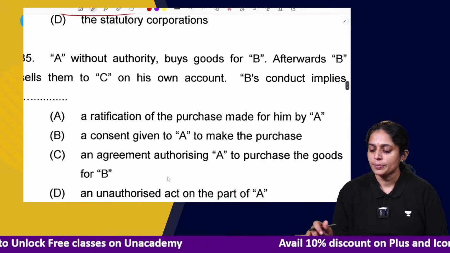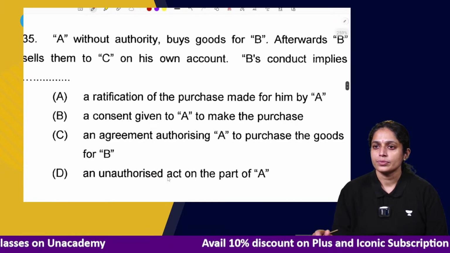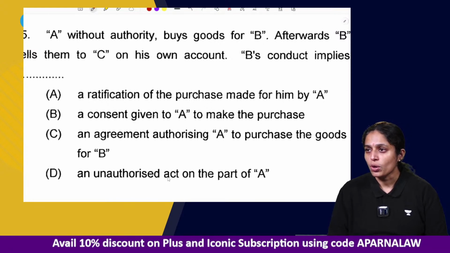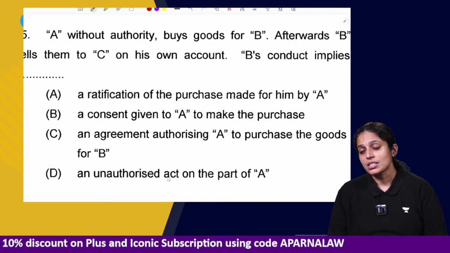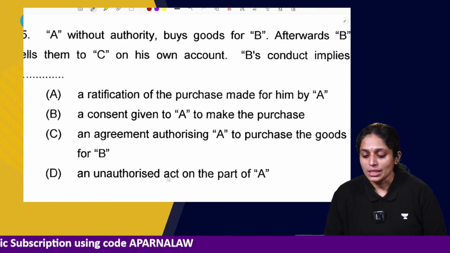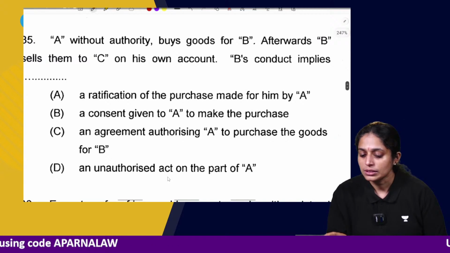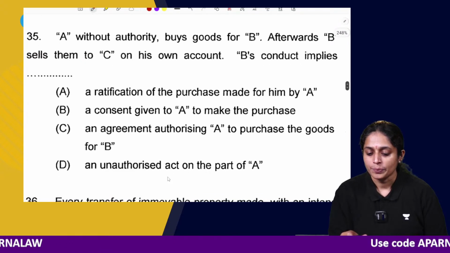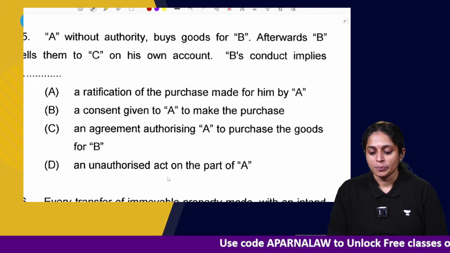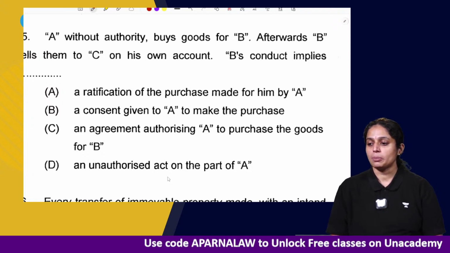Then 35th. A without authority buys goods from B. Afterwards, B sells them to C on his own account. B's conduct implies, now what does this imply? A, a ratification of the purchase made for him by A. B, a consent given to A to make the purchase.